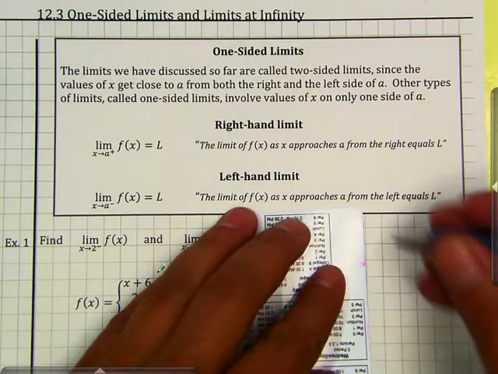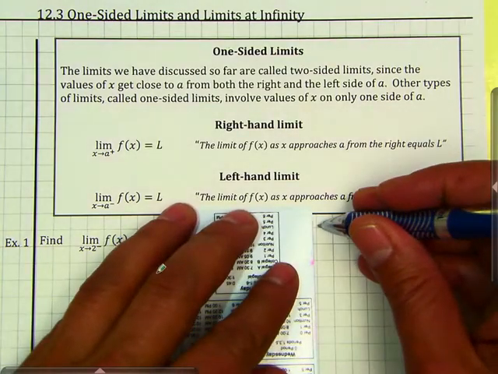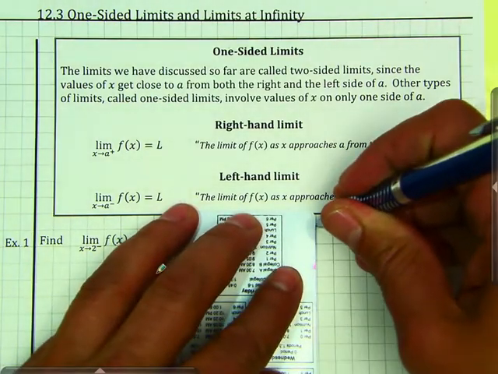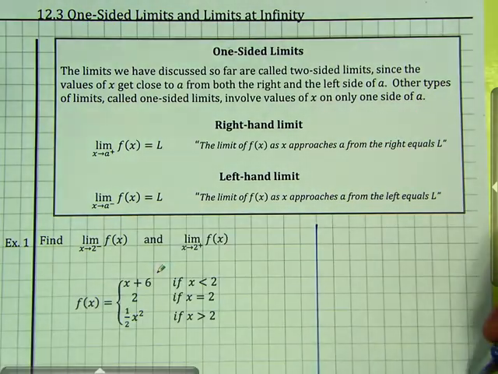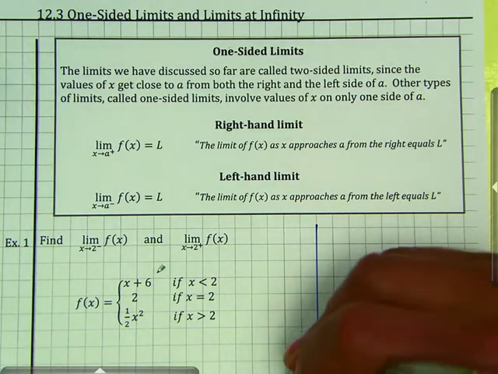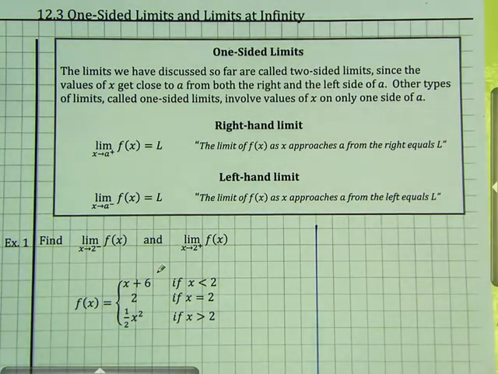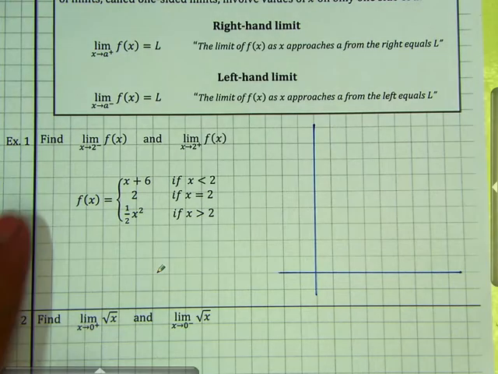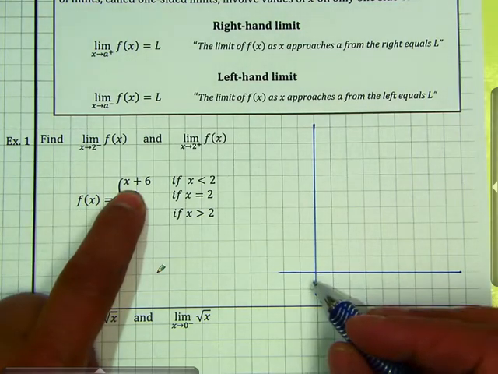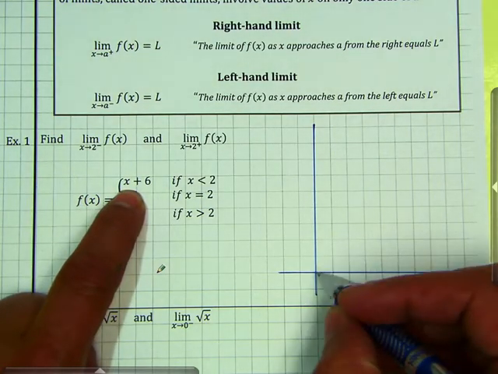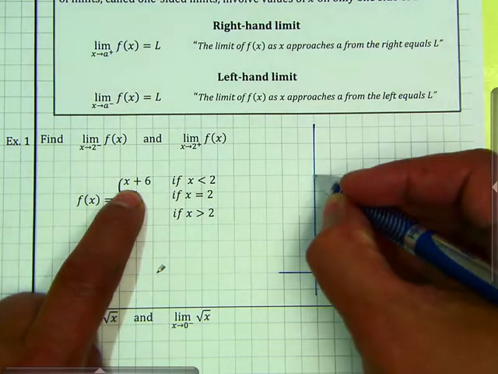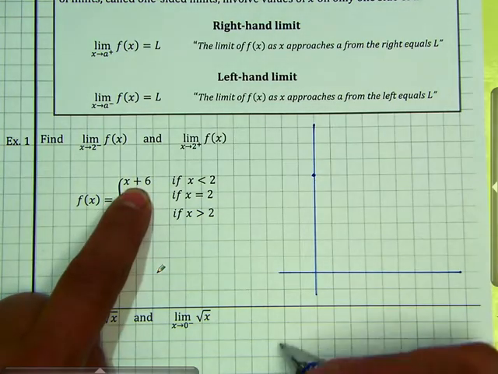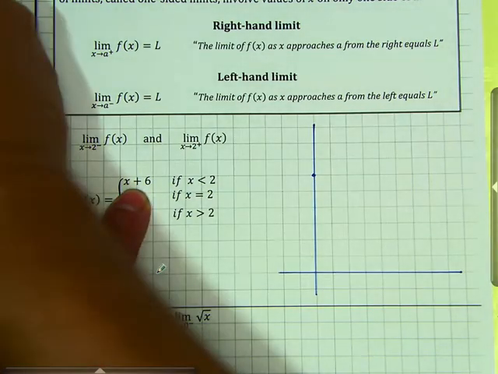I'm going to make an x and y axis. In this case, I'm probably just going to need the first quadrant. So I'm going to make a graph. We've graphed this type of graph before. So f of x equals x plus 6. My y-intercept is 6, and my slope is up 1 and to the right 1.